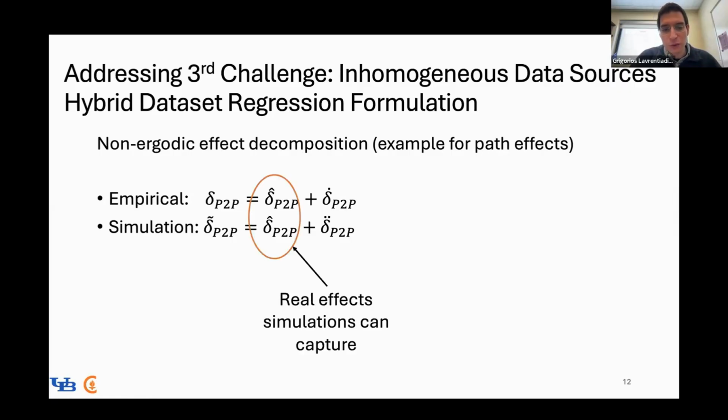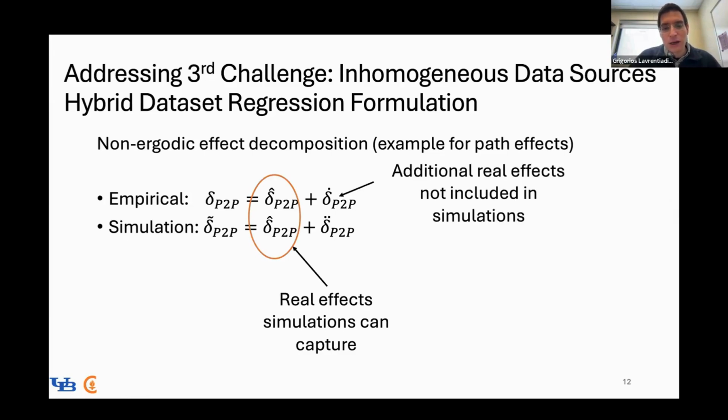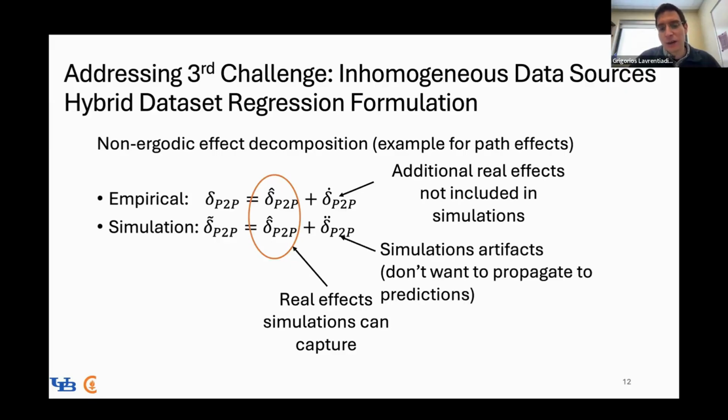For each of them, we have a term that represents the real effects that simulations can capture. Then an additional term, which are the real effects that are not included in simulations due to simulation simplification, either in the velocity model or in the simulation itself, and then any artifacts that may be present in the simulation.